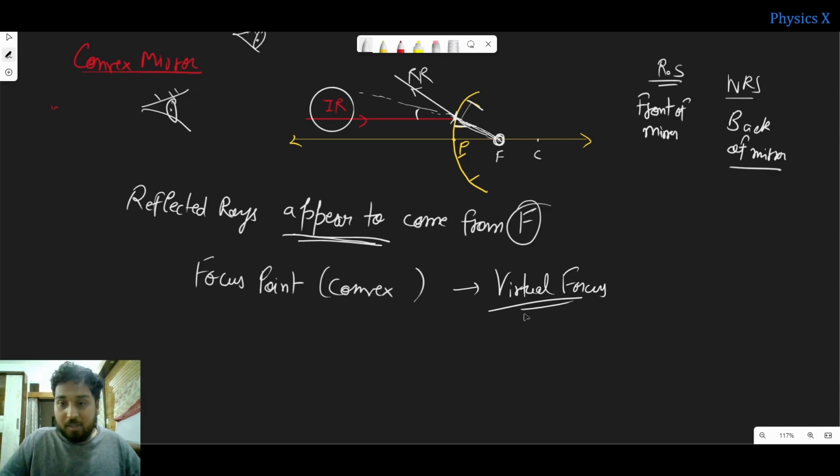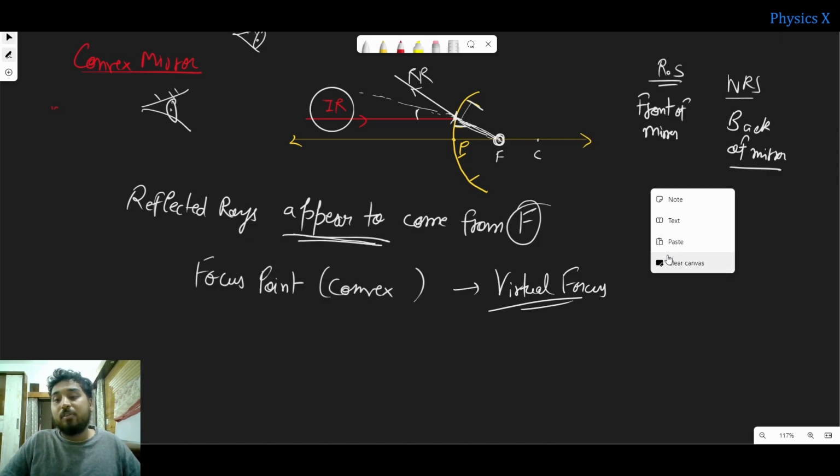Now there are certain laws by which ray diagrams are to be made. See what happens in case of a plane mirror. Anywhere you put the object, the same nature of image is observed. Whether you are standing 100 meters away or 50 meters away from a plane mirror, always a virtual, laterally inverted, erect image equidistant from the mirror will be formed.